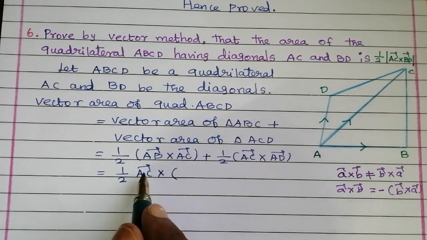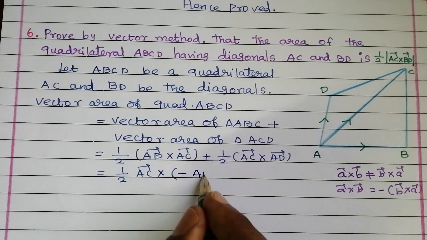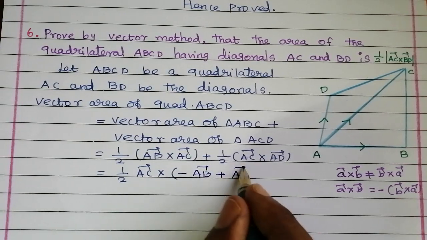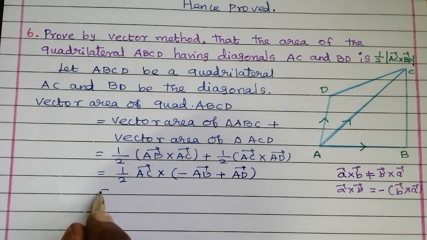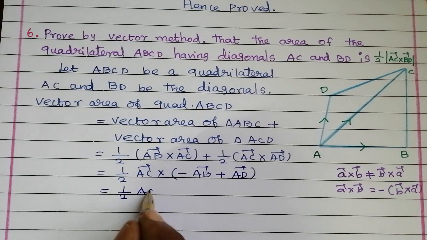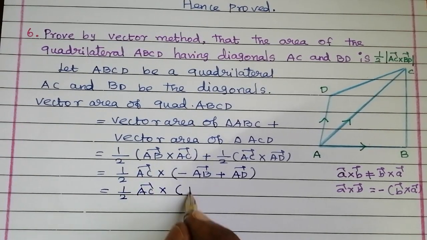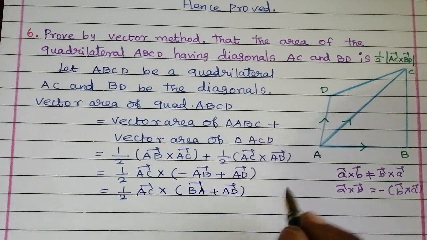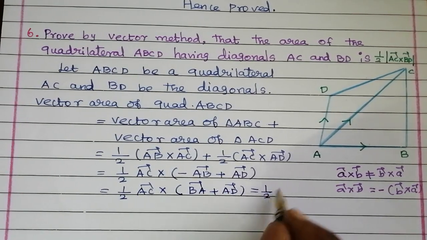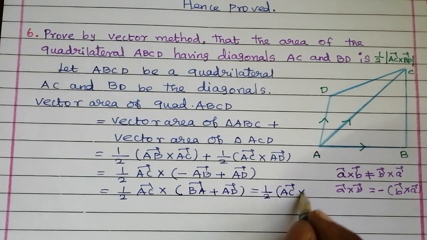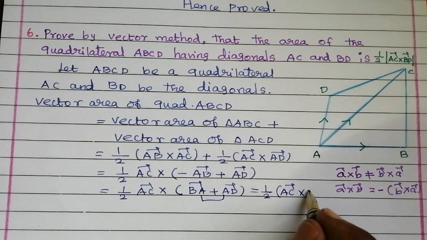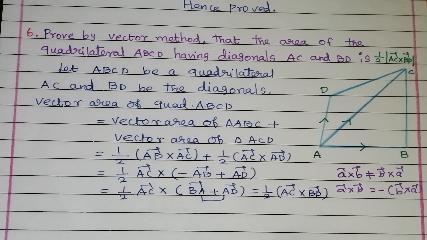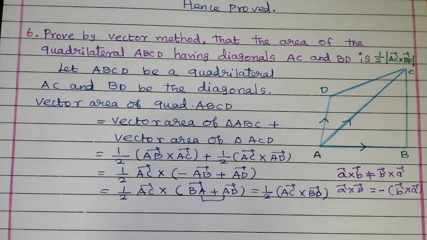So here AC vector cross minus AB vector plus AD vector, that is equal to half into AC vector cross BA vector plus AD vector, that is equal to half into AC vector cross BD vector. So this is the vector area of the quadrilateral ABCD.